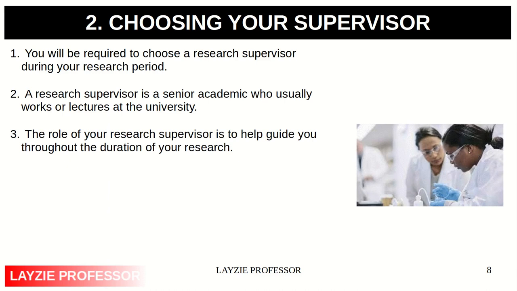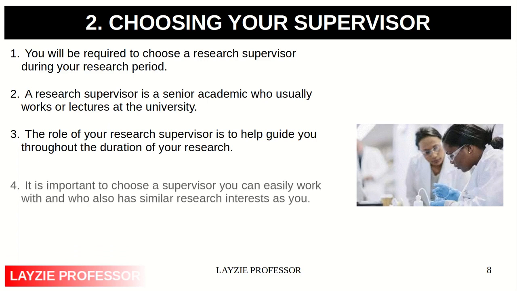The reason why your supervisor is there to guide you is that your supervisor has experience, he's been through the process before, so he can use his experience and the knowledge he's acquired over the years to help guide you, so you don't have to run into obstacles that can actually stall the progress of your work.